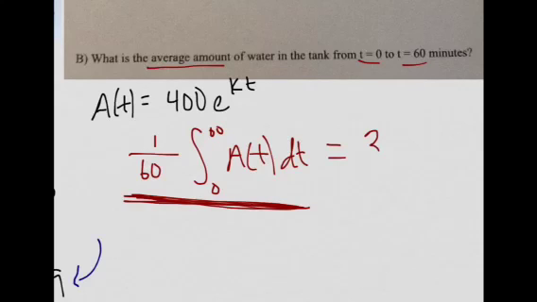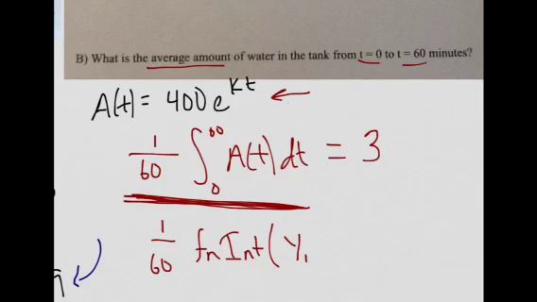Equals, so I just plug that into my calculator. I do 1 over 60 times fn int. I'm showing this so you can see what we're doing, not because it would get us any points on an AP test. And what I like to do is plug in this equation for y1. So y1, comma, I'm doing it with x's, not with t's, because that's what I have in my calculator, comma 0, comma 60.